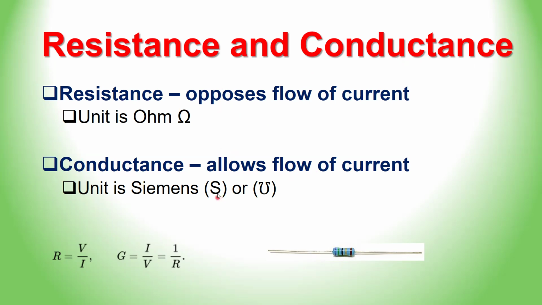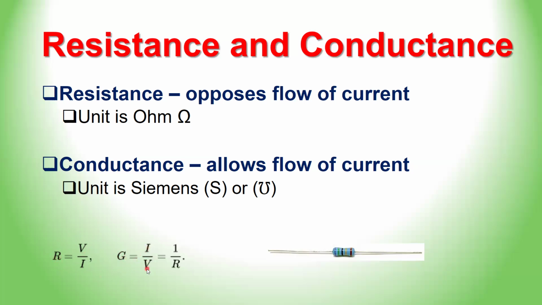The unit of the conductance is Siemens, S, or in earlier times it was also expressed as the opposite of ohm, with a unit called mho. So the formula for the resistance, as we have seen in our previous module, is R equals voltage divided by current, and the conductance is expressed as G, which is the reciprocal of resistance.